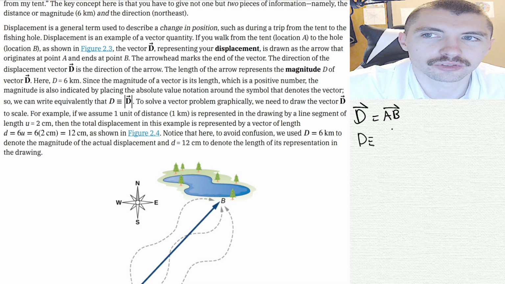So D is equivalent to the absolute value. To solve a vector problem graphically, we need to draw the vector D to scale.